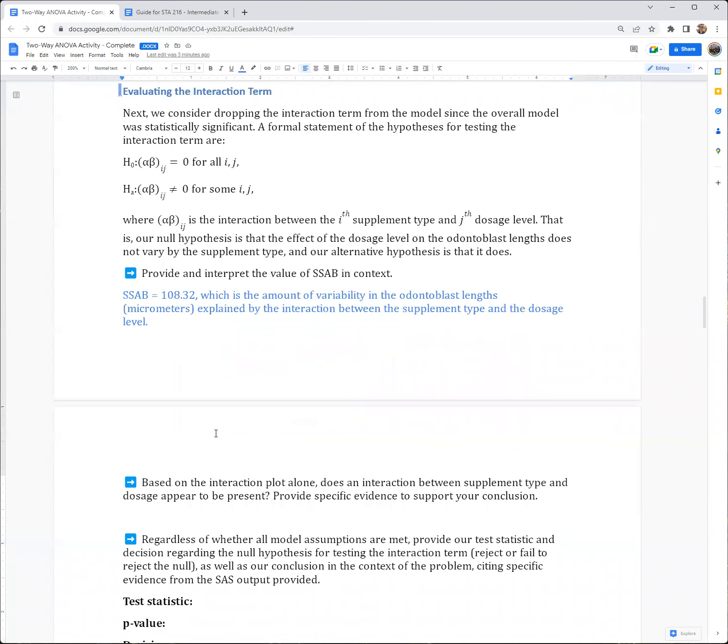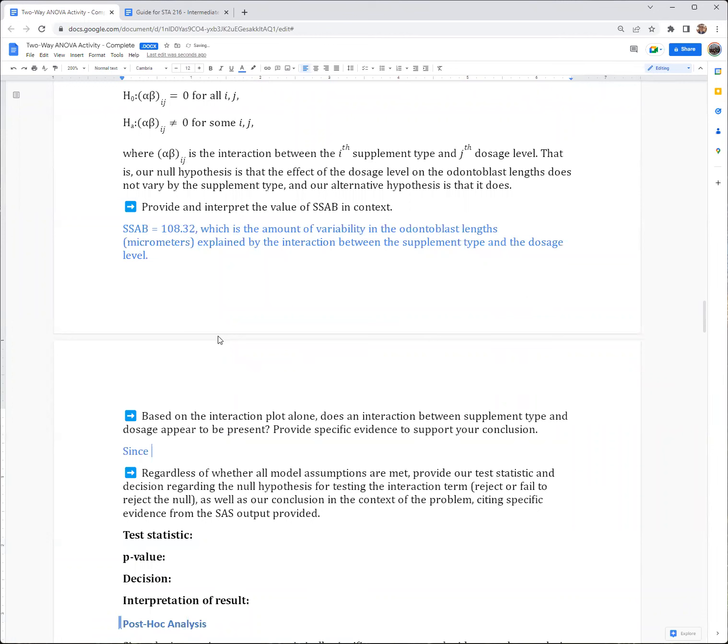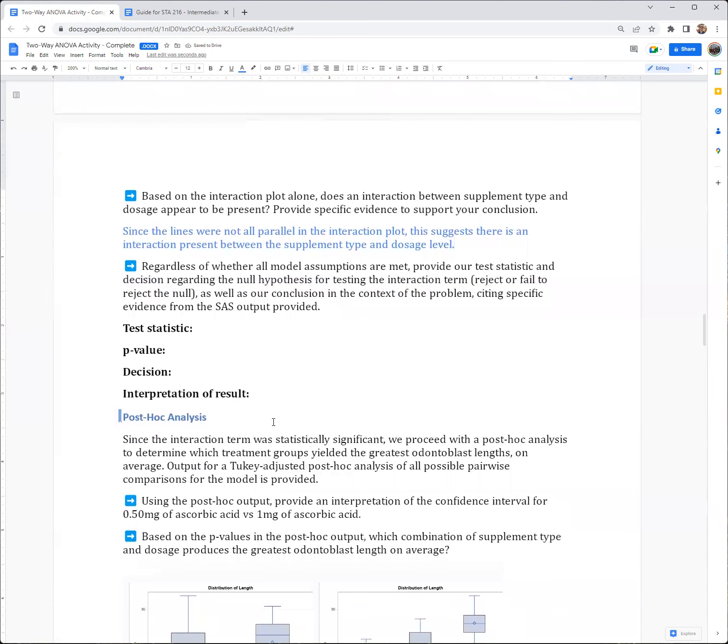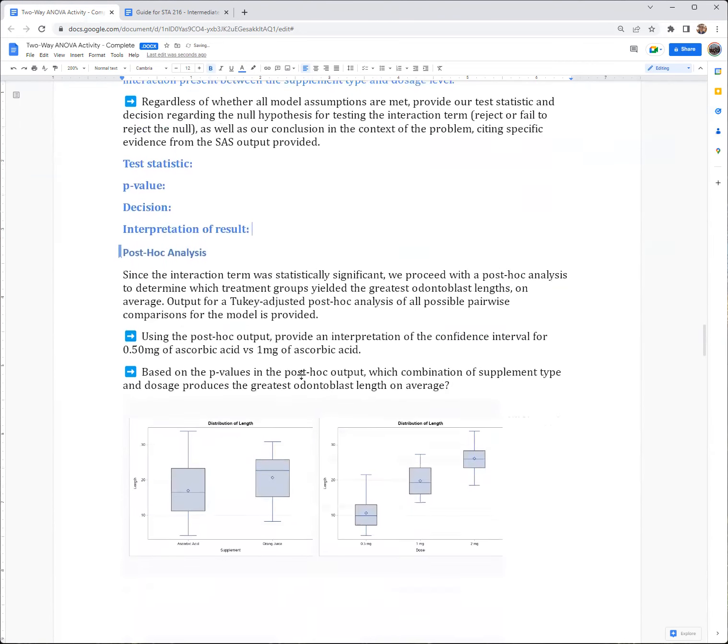Okay. We can say that here. So since the lines were not all parallel, let's now conduct the F-test for the interaction term.